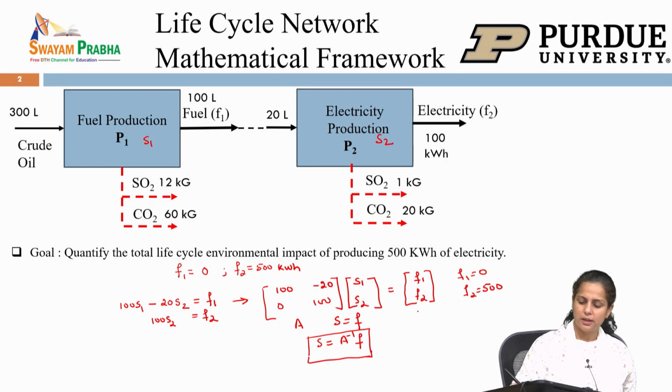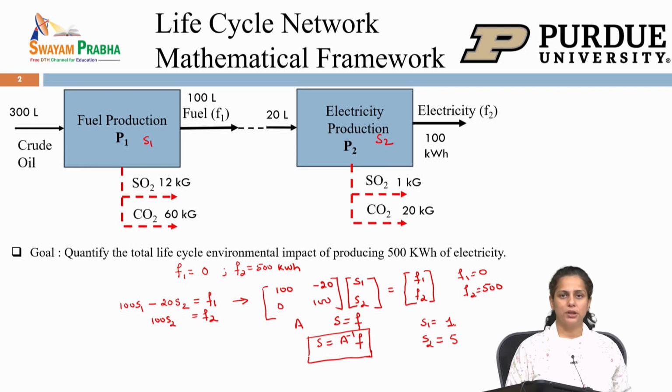When you do that calculation, your S2 will come out to be 5 and your S1 will come out to be 1. Now we know how much we need to scale each of these processes to meet the goal of producing 500 kilowatt hour of electricity.